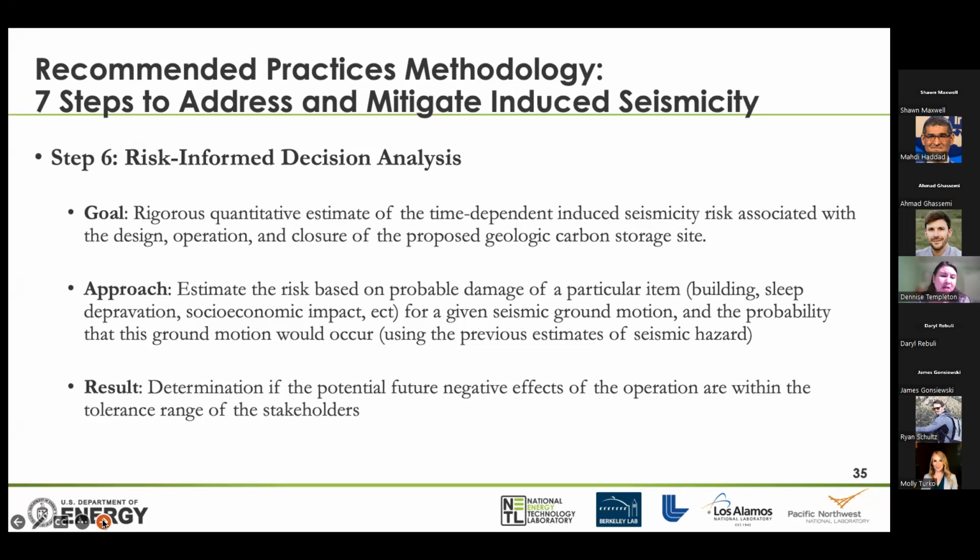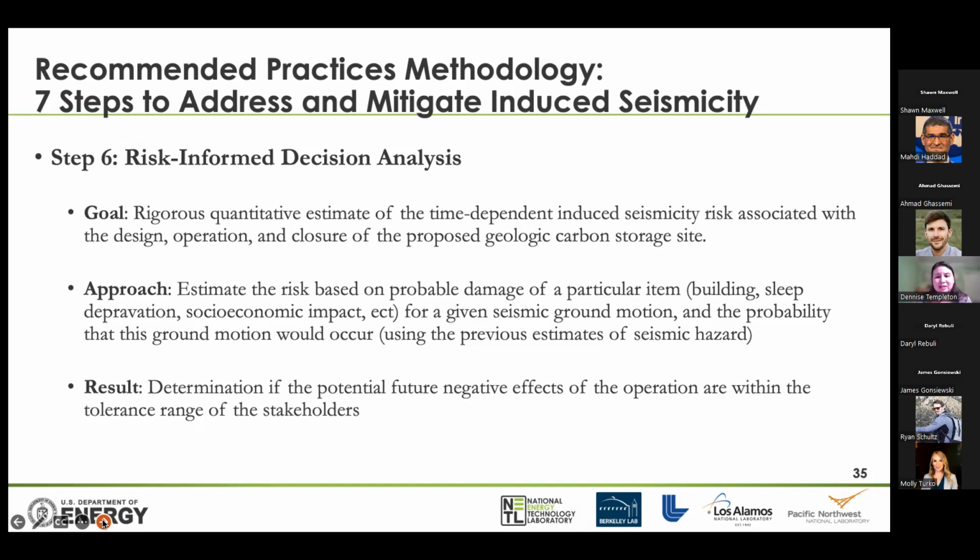So the goal here is to have a rigorous quantitative estimate of the time-dependent induced seismicity risk associated with the design, operation, and closure of the proposed geologic carbon storage site. So we're going to estimate the risk based on the probable damage to particular items, I should say. So these might be a particular building or set of buildings, sleep deprivation, nuisance, socioeconomic impact for a given seismic ground motion and the probability that this ground motion would occur.